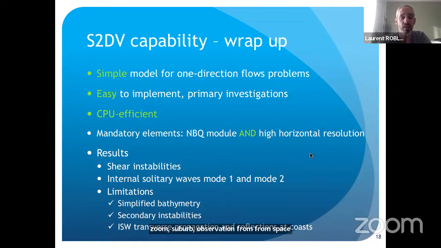So we have seen here a nice and efficient way to make a primary investigation of the small-scale features of the Strait of Gibraltar. Trust me, this S2TV capability is really computationally efficient. You can run very easily and efficiently nice simulations to start your investigation.